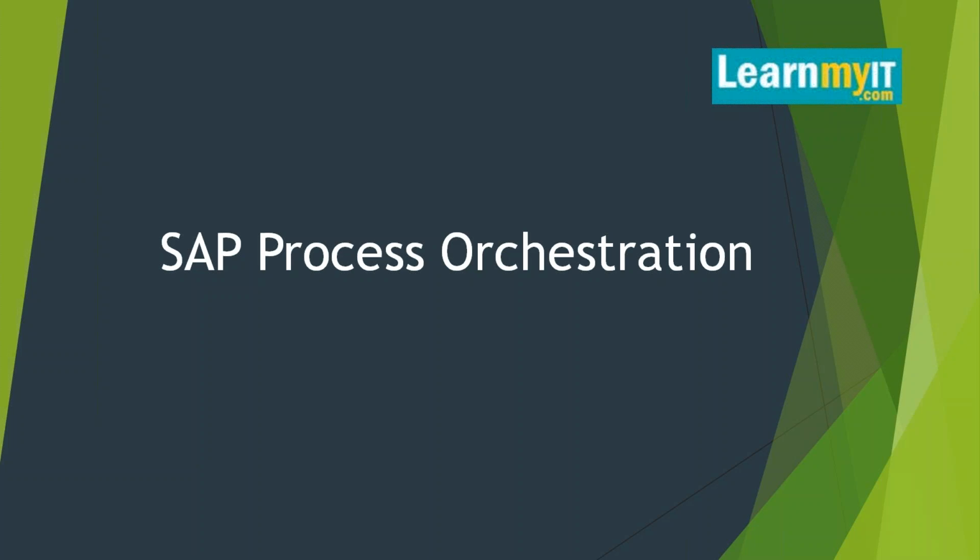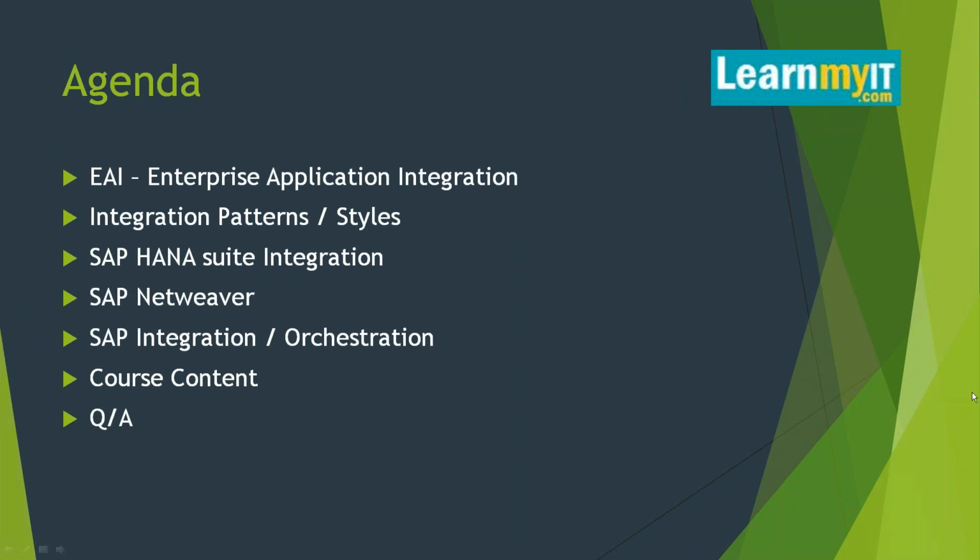This is our basic agenda for today. We will start with what is meant by EAI, Enterprise Application Integration. Then we will try to understand the different types of integration patterns and styles that are available.